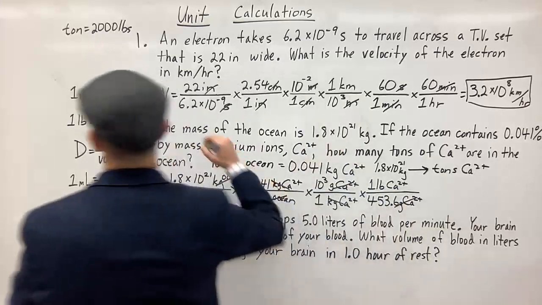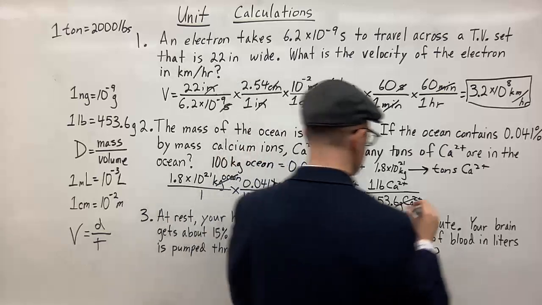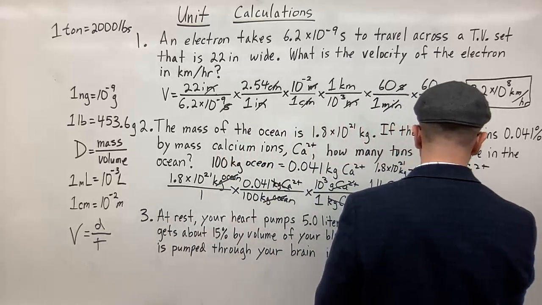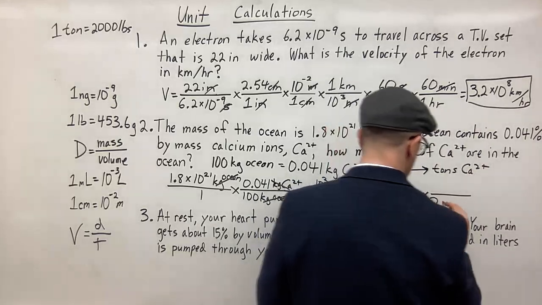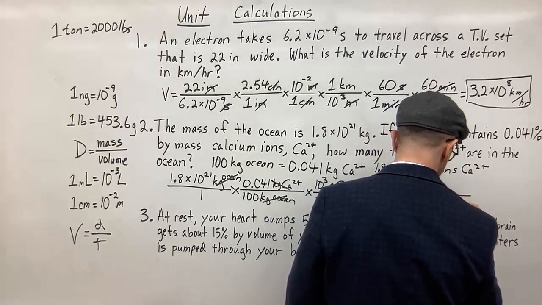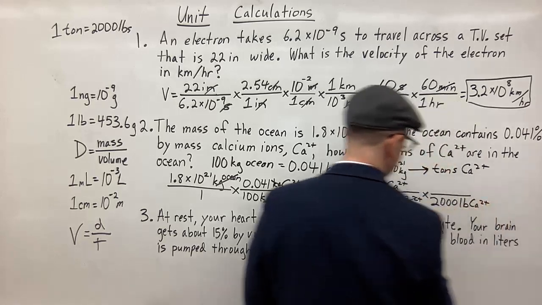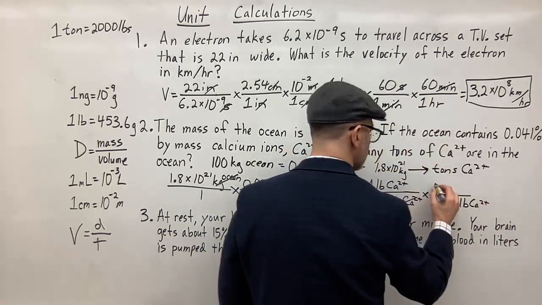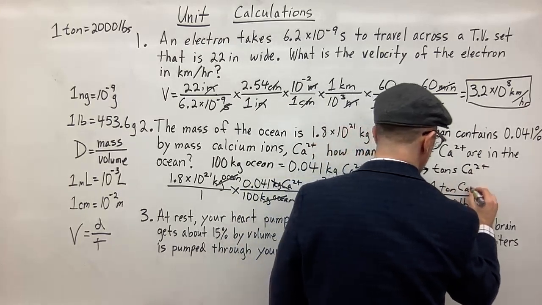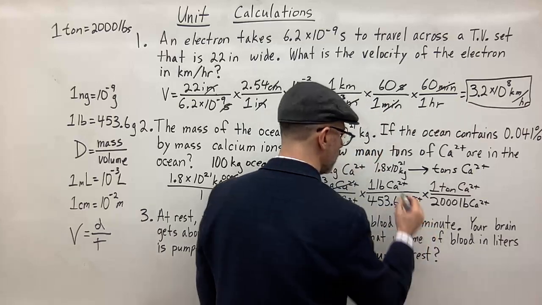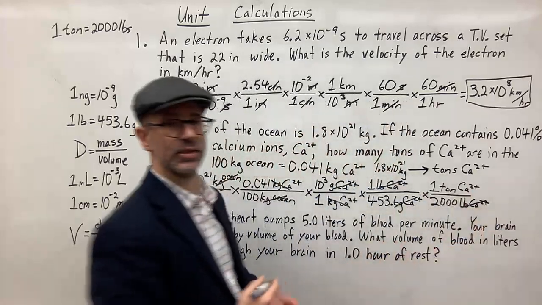Now I can convert pounds of calcium to tons using this relationship here. 1 ton is equal to 2,000 pounds. So I'm going to put 2,000 pounds of Ca2 plus on the bottom and 1 ton of calcium 2 plus on top. So pounds cancels out. Now I have tons.